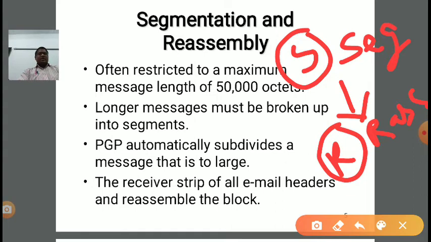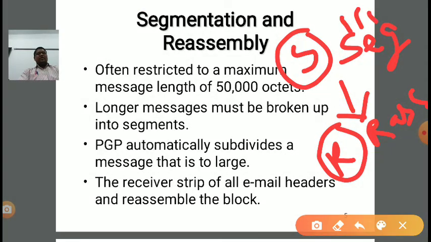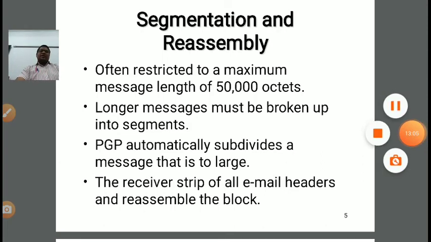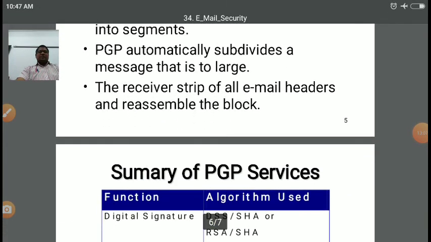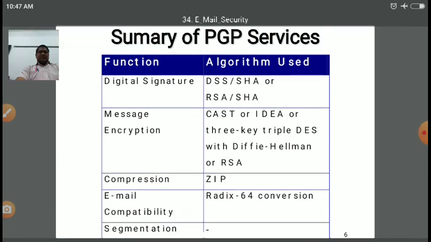We divide the message into different parts, and here we are adding them together again. The receiver strips off all email headers and reassembles the blocks. Clear?